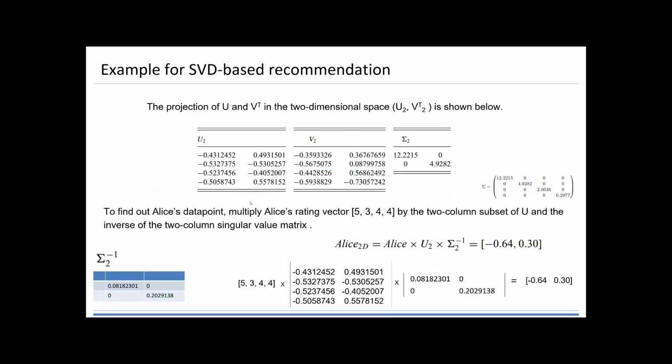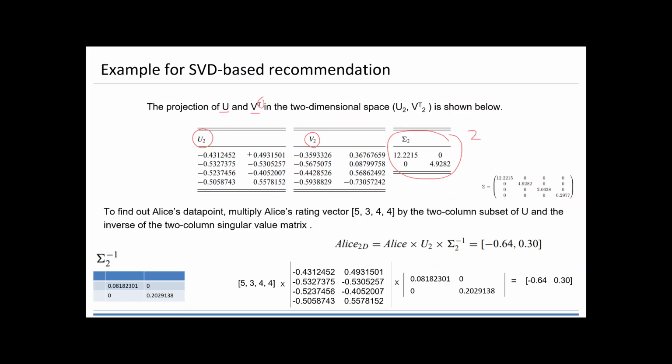For this matrix, you can just use an online calculator or some tools, because it is not easy to do this calculation by hand. So you can get U, the projection of U, and you can get V, which later we will transpose. T means the transpose, and we can get the singular values, and these singular values are only for 2.